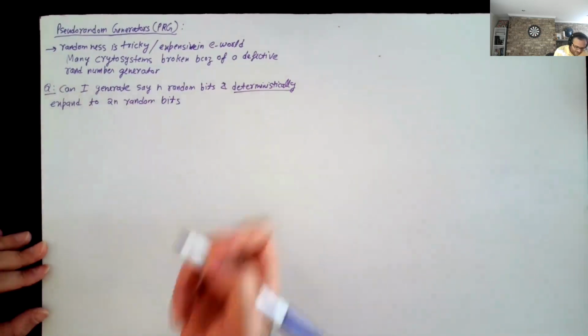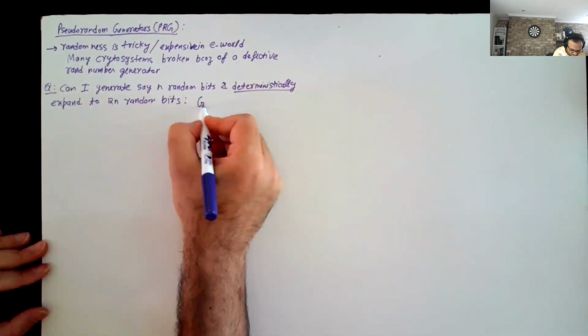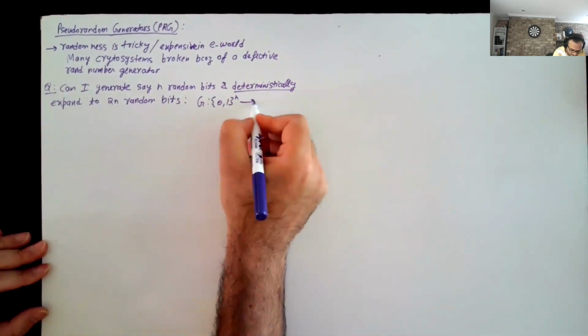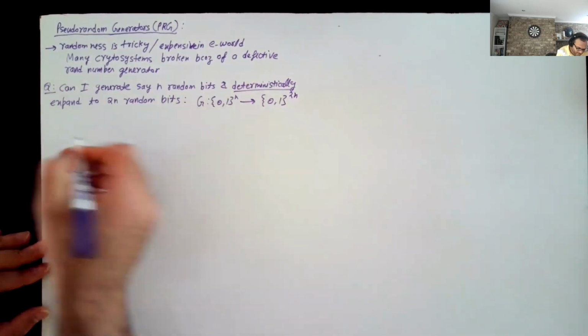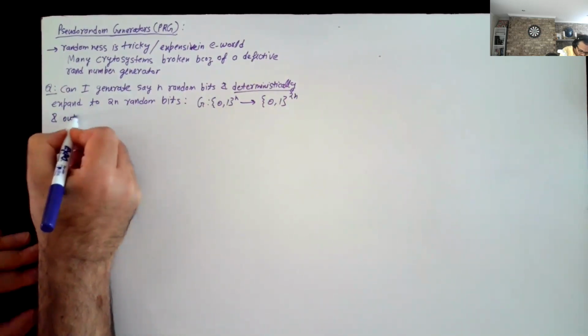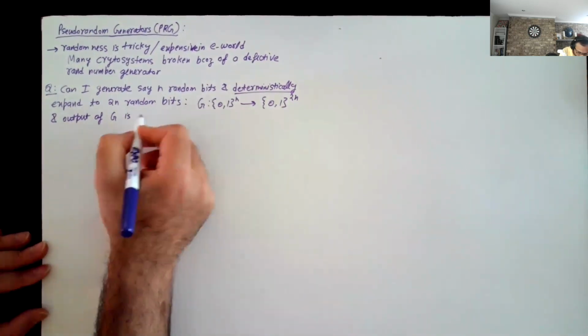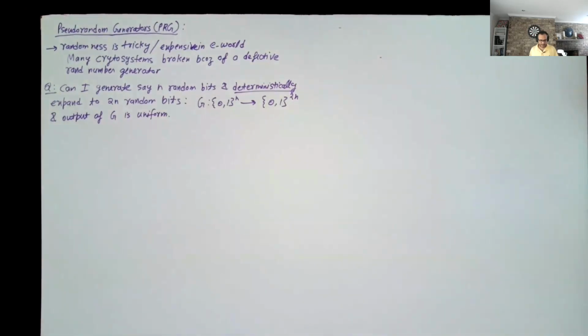So essentially, I'm looking for a function g, which takes an n-bit uniform input and it gives me a 2n-bit output, and the output of G is uniform. So now here's my question to all of you: can such a deterministic function exist?